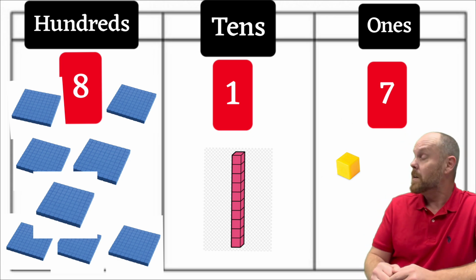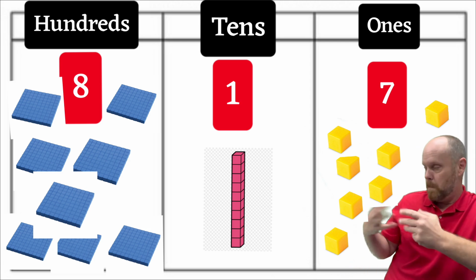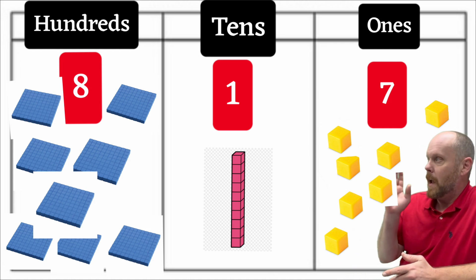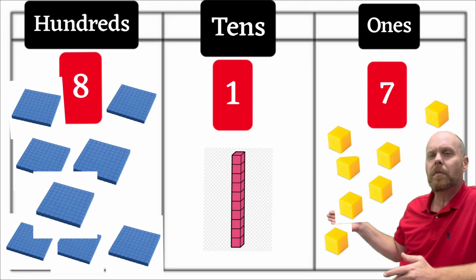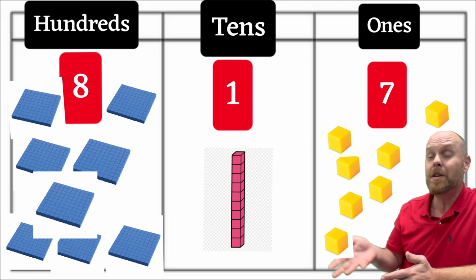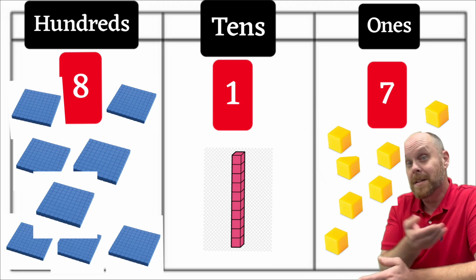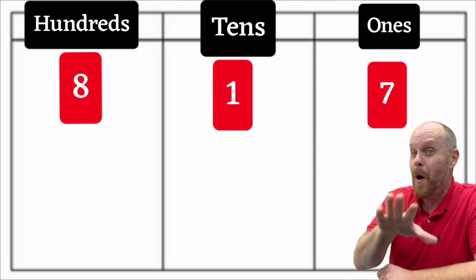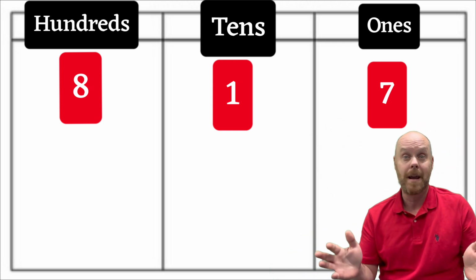And we have 7 ones. So if you look in picture form and using the base 10 blocks, we have 800, 1 ten, and 7 ones. Well, we already know using our chart before that it's going to equal, you guessed it, 817. So already now we have found 5 different ways to show the same number.